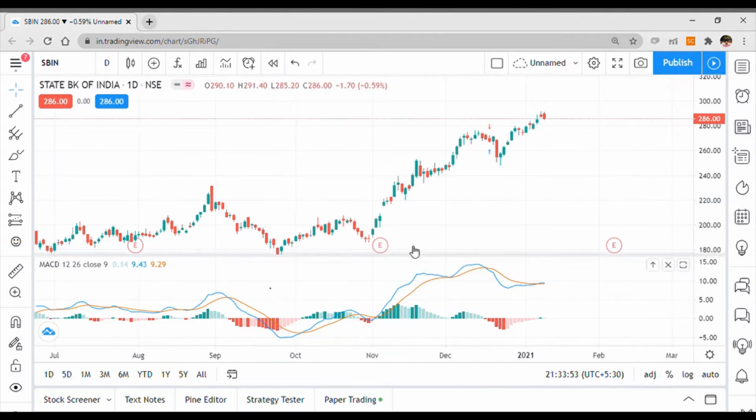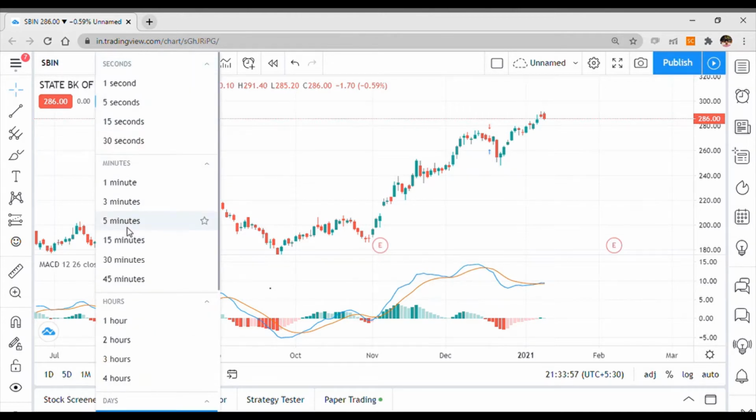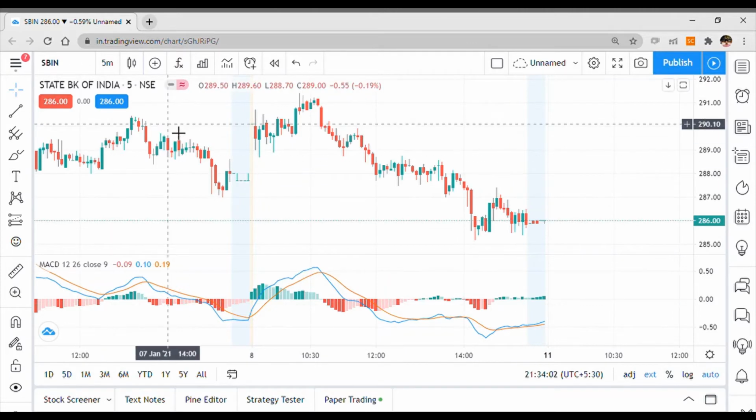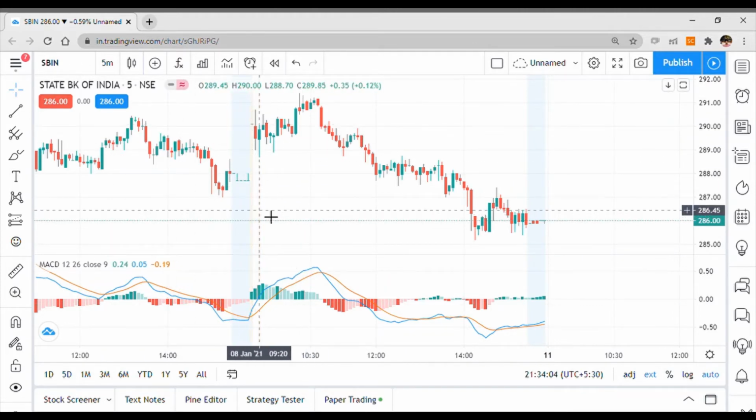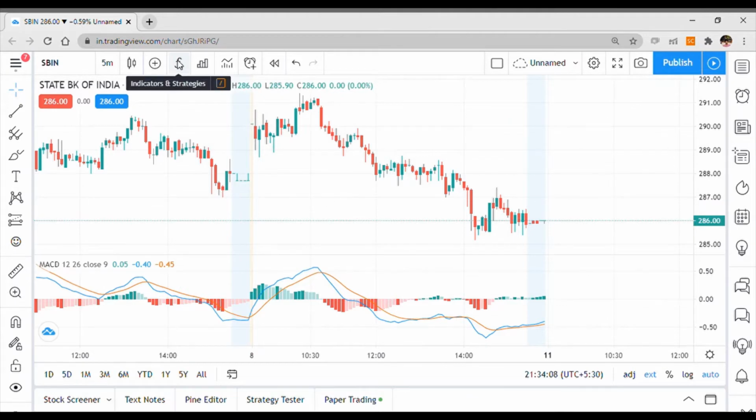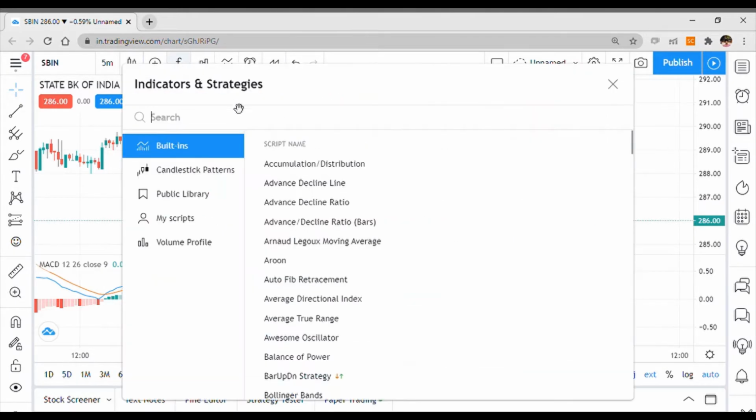Then let me take SBIN and 5-minute time frame. I will show you exactly where we get buy signals and where we get sell signals using this MACD strategy.